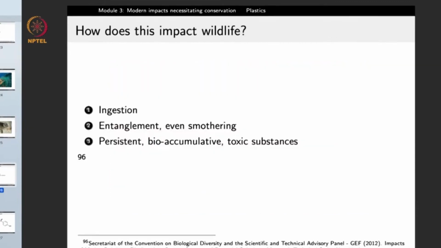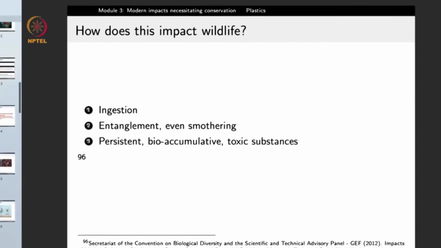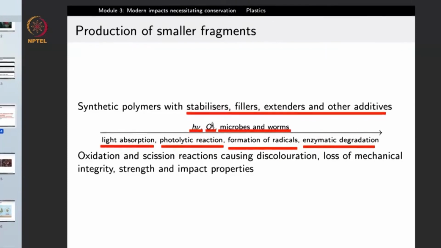Another way is through the release of persistent bioaccumulative toxic substances. You'll remember that plastics have these chemicals, stabilizers, fillers, extenders, and other additives to improve their properties. Once you have released a plastic into the environment, and this plastic is floating on the surface of a water body, these substances that were added into the plastic can slowly get leached out.